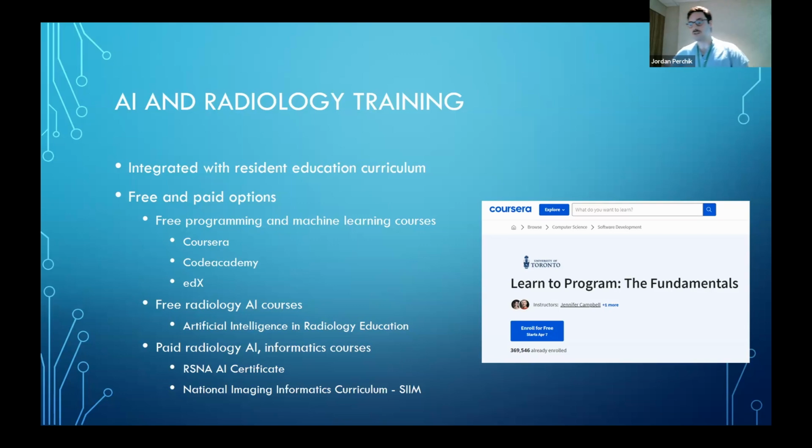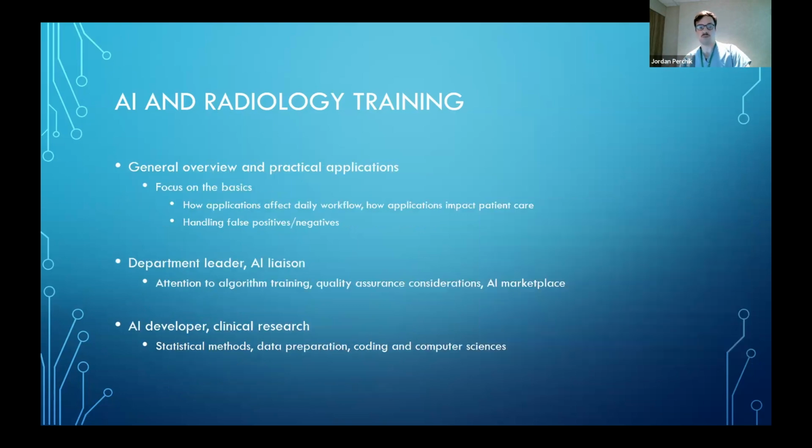And then, as our own internal bias, we host a free annual curriculum, a 1-week fundamental concepts in AI course that we run every year, that is now one of the largest free AI education resources for radiologists. So there are options, but when we're thinking about these, it's very important to think about what our learners are really looking to get from these courses.